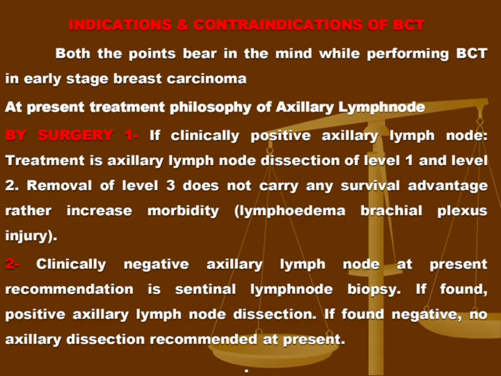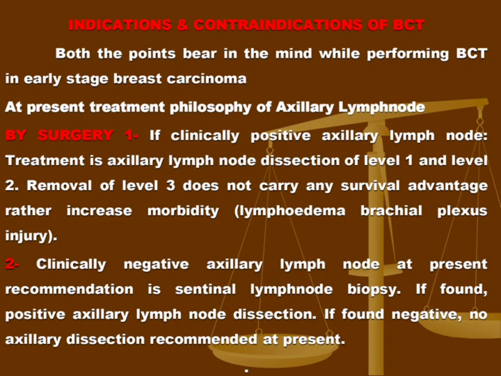Then come the indications and contraindications of breast conservation therapy. Everybody should have both points in mind while performing breast conservation surgery in early breast cancer. At present, the philosophy is: what about the axillary lymph nodes?